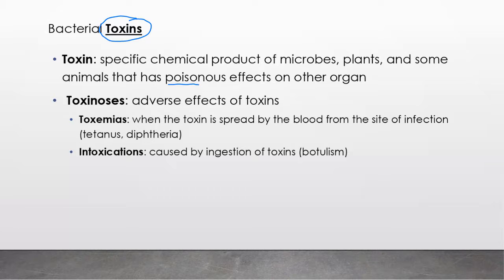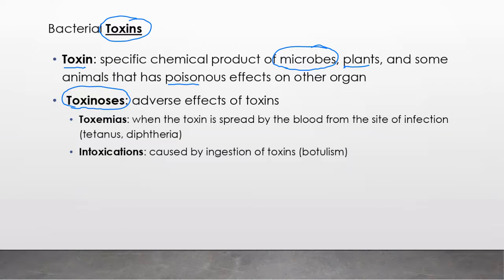Even plants also produce toxin. So the one that we focus on is the toxin produced by microorganisms like bacteria. They also produce toxin that is able to destroy the host cell. The adverse effect of the toxin is called toxinosis. So this is the adverse effect of toxin.